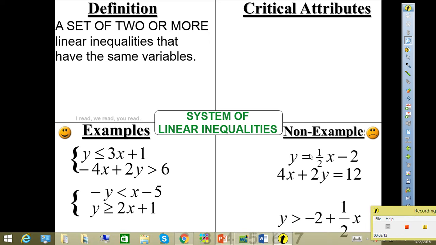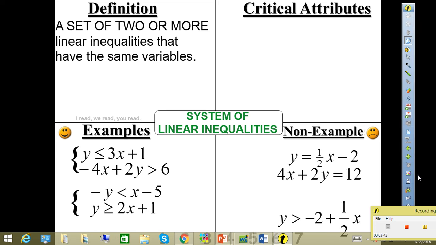Carissa, why is this a non-example? Their equation, so what is this called? That is correct. System of linear equations. Very good. So, why is this not an example? Okay, hold on.